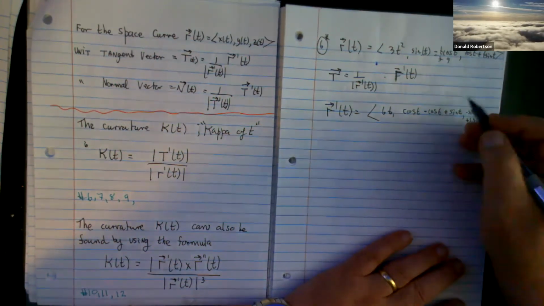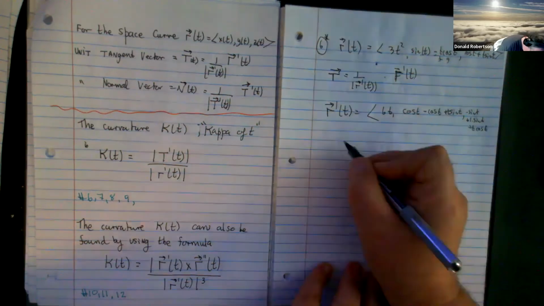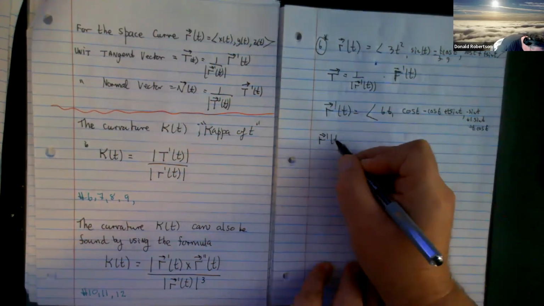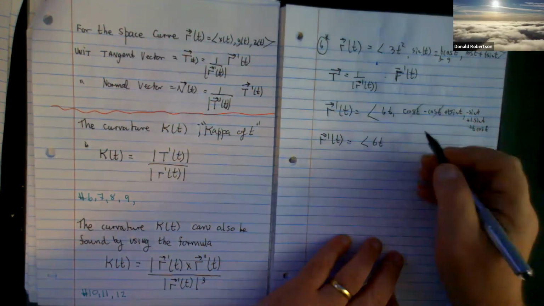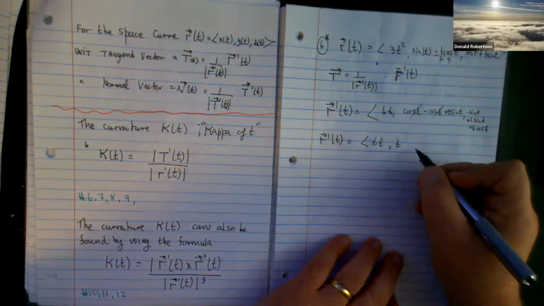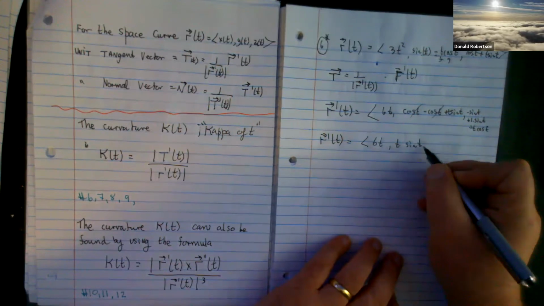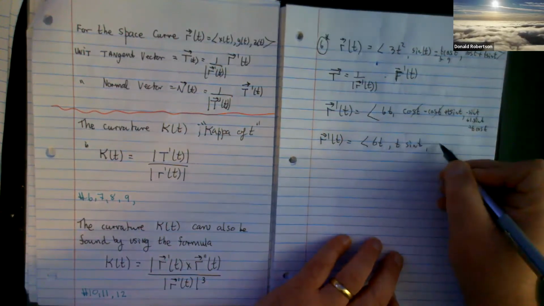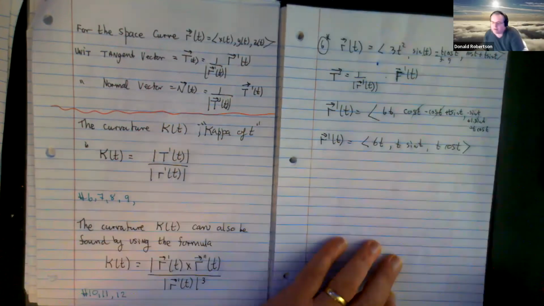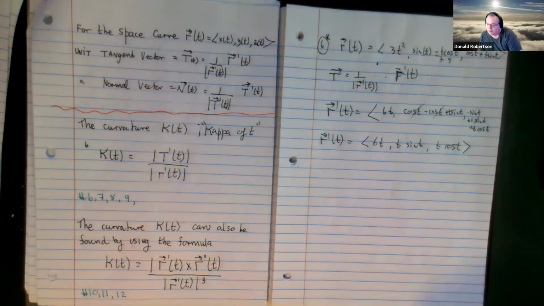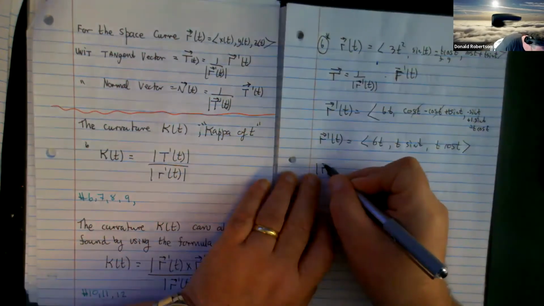So the derivative function is 6t, then they get cancelled and you have t sine t, and they get cancelled and you have t cosine t. Okay. Not too bad, could have been a lot worse. Now I need to find the magnitude of it.